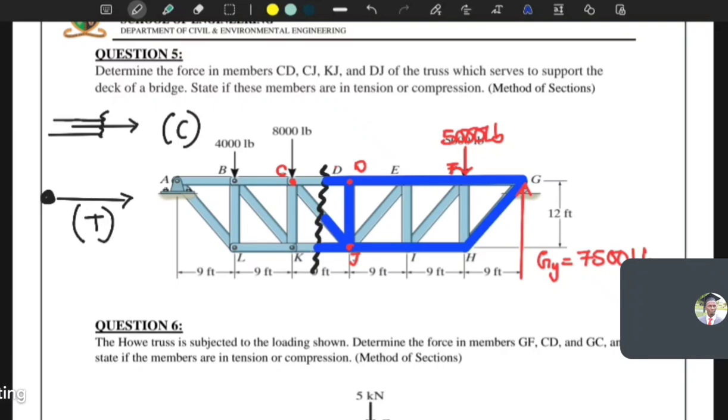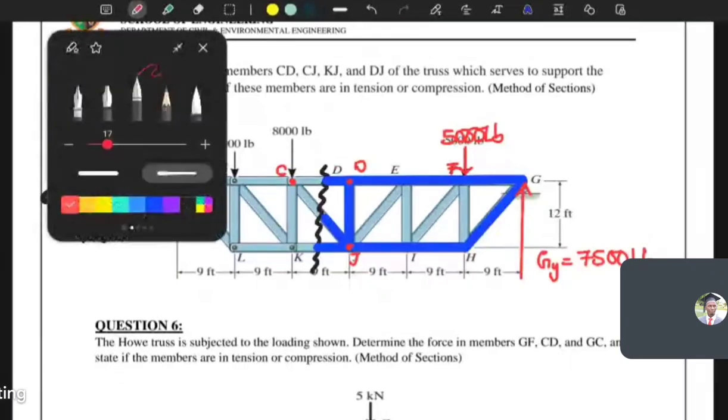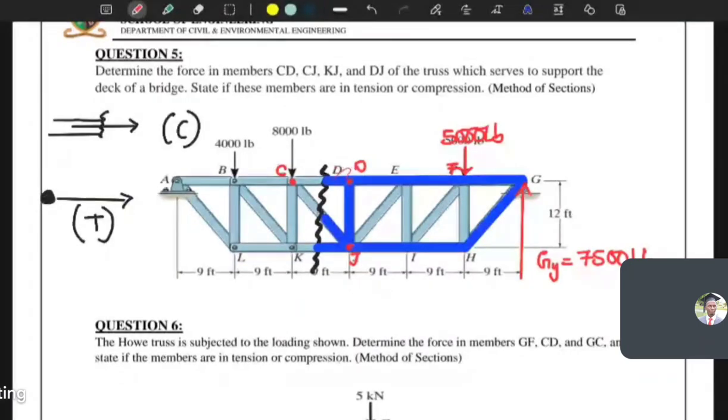Here we are using the method of sections, and we have created our section. And we are going to assume that the forces through this section will be coming out of the section in this manner. Even here, we will assume the force will be coming out of the member in this manner.